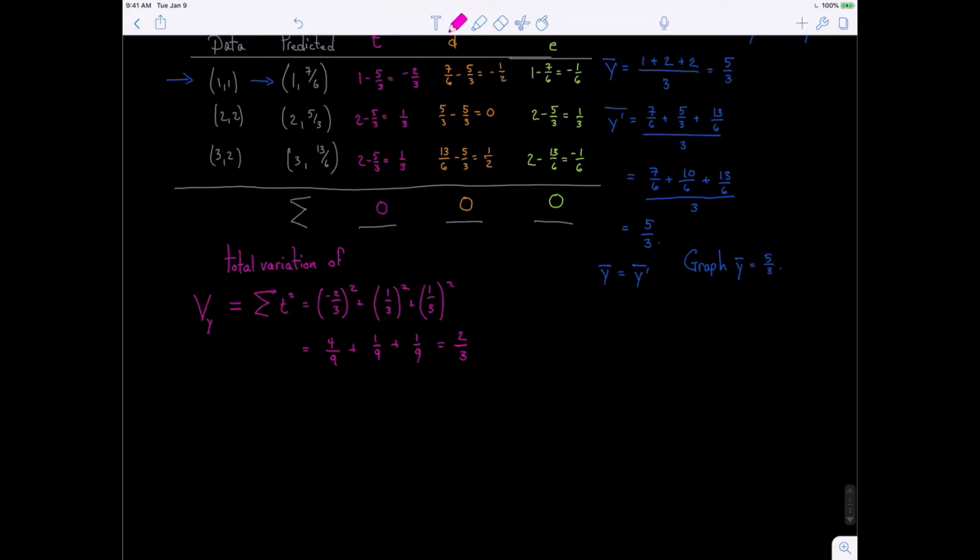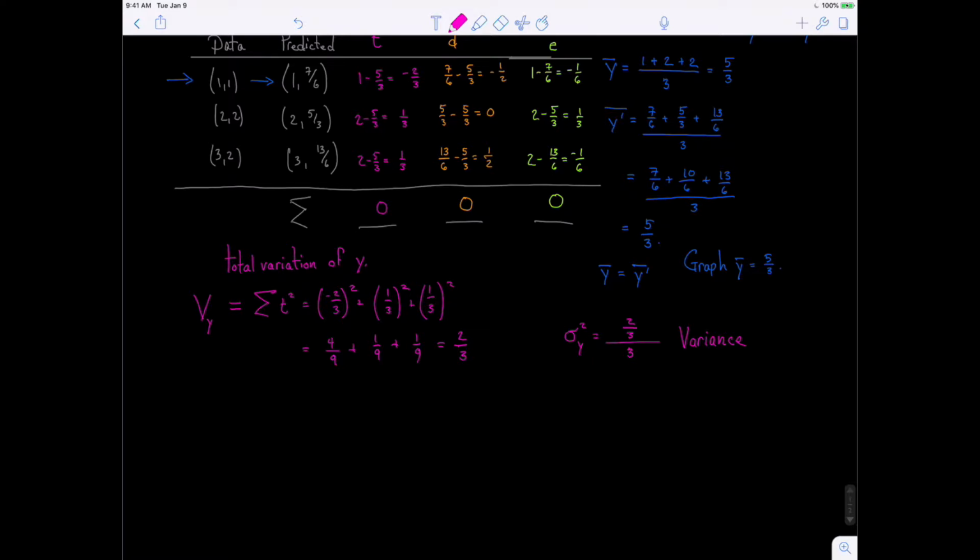Total variation of y. Now, the words variation and variance are very closely related. If I wanted to find the variance of the y's, I would have gone through this exact same process. I would have squared all those, added them up, and I would have had 2/3. And then I would have divided that by the number of data. This is what we call variance.